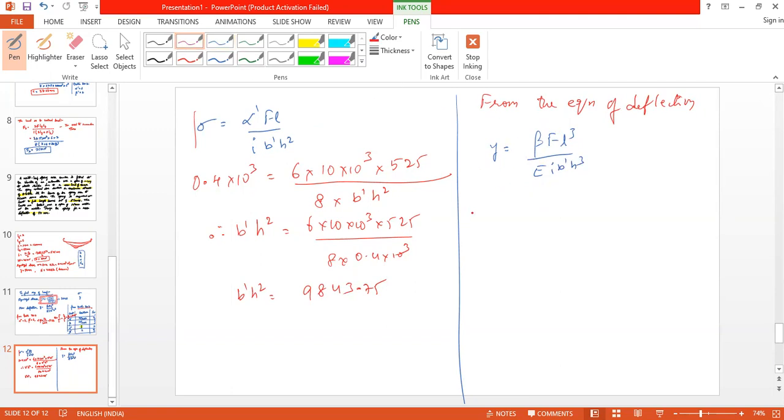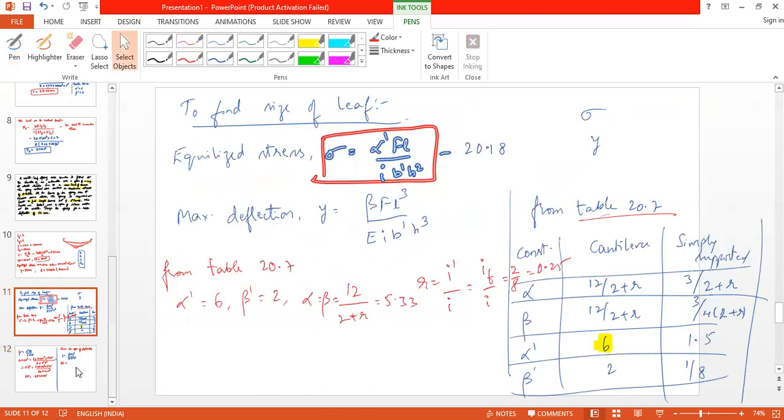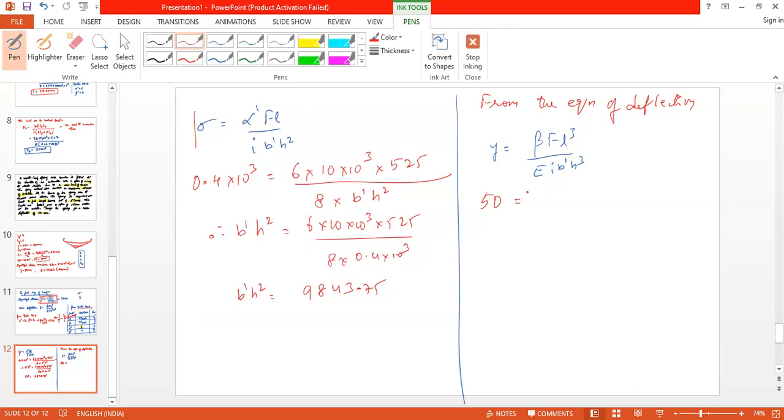Where y is the maximum deflection, that is 50 mm, that is equal to... what is the value of beta? The value of beta is 5.33. So 5.33 times 10 into 10 power 3 into 525 cube, divided by 210 into 10 power 3 into 8 into b dash h cube.